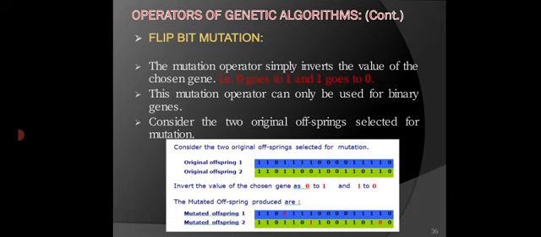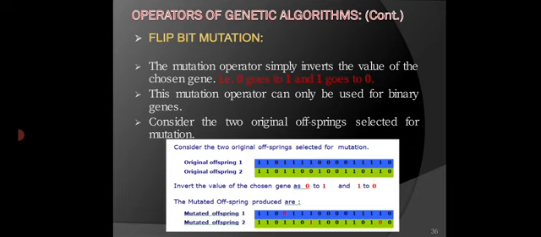Consider two original offspring selected for mutation. In the crossover operator we produced two offspring, right? For them we apply flip bit mutation, which inverts 0 to 1 and 1 to 0. The previous offspring is the result after the crossover operation, and the second offspring is produced after the mutation operator.